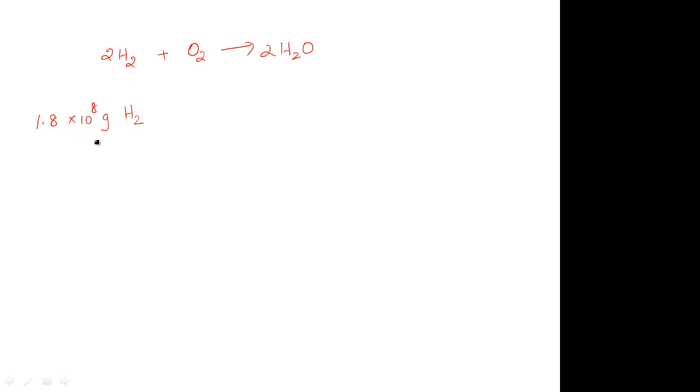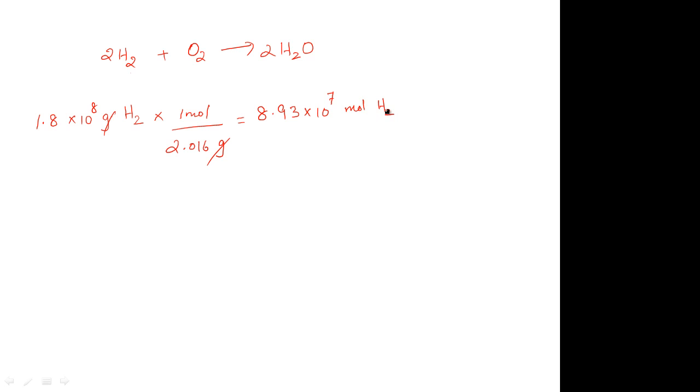We can't do anything with grams, so we are going to convert this to moles of hydrogen. So 1 mole per 2.016 grams. So how many moles is that? 8.93 x 10^7 moles of H2, right?